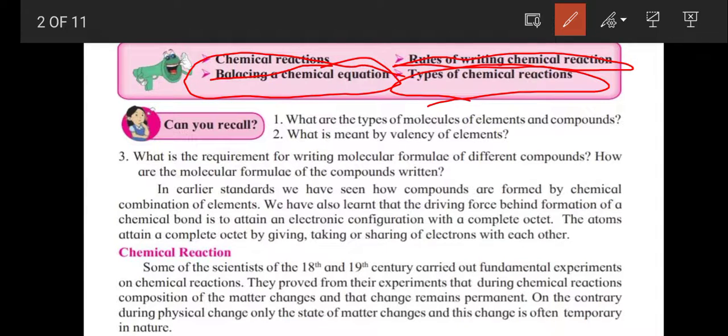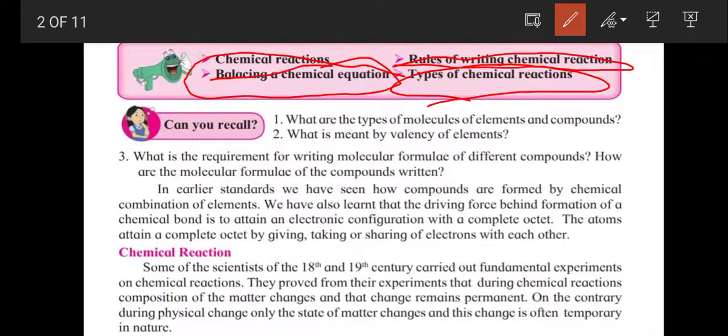Firstly, in the introductory part, they are asking two questions: what are the types of molecules of elements and compounds, and what is meant by the valence of an element? Students, we know that valence of an element means the combining capacity of an element, that means the outermost electrons. And when atoms combine with each other, they form a molecule.